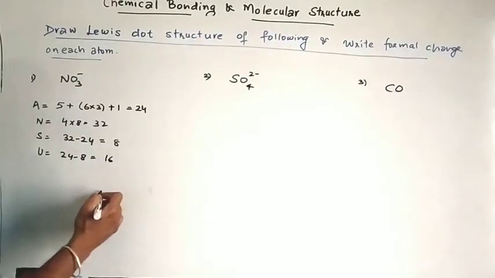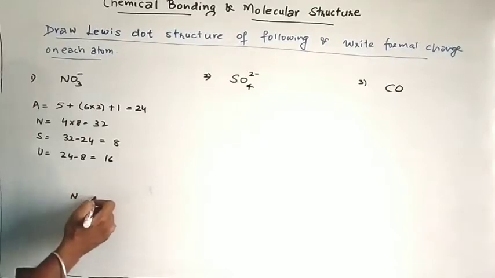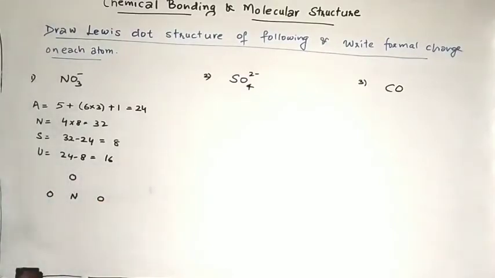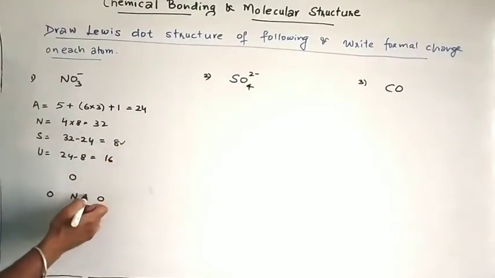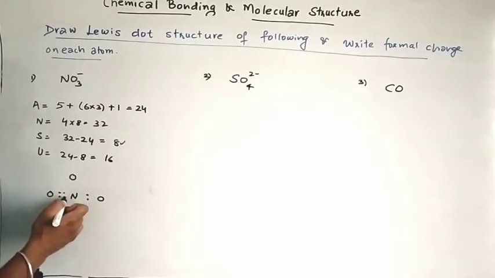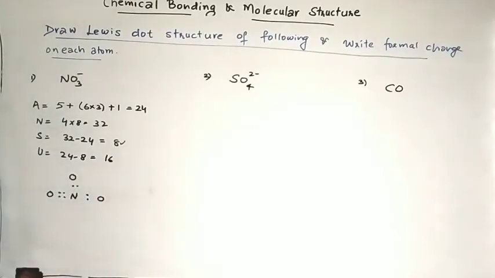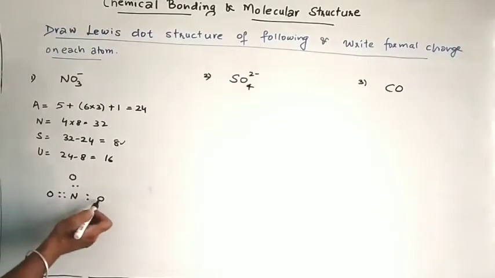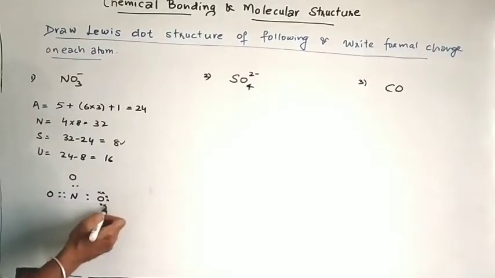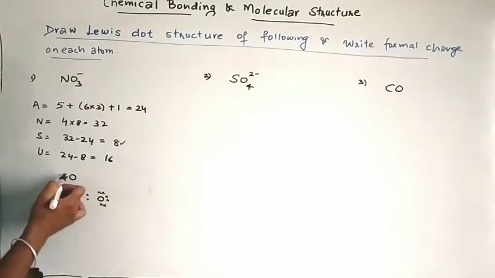So here we have nitrogen, oxygen, oxygen, oxygen. Draw the 8 shared electrons now. We have 2, 2, 4 here, okay, 8. And mark the unshared. Oxygen has 2, so give it 6 more. This one also has 2, give it 6 more.